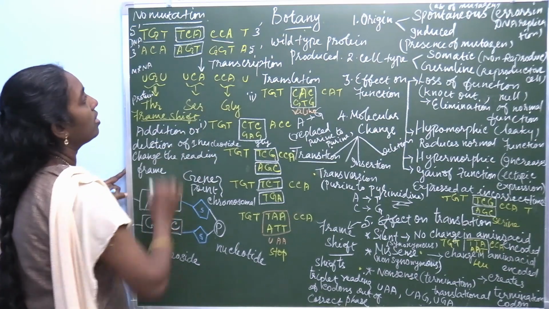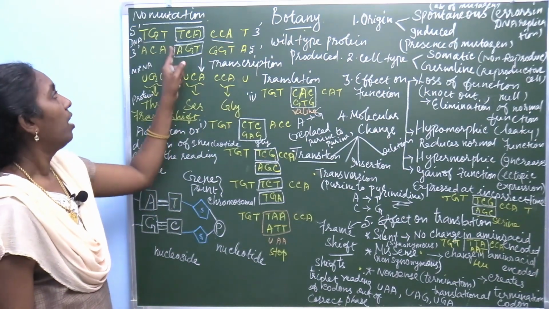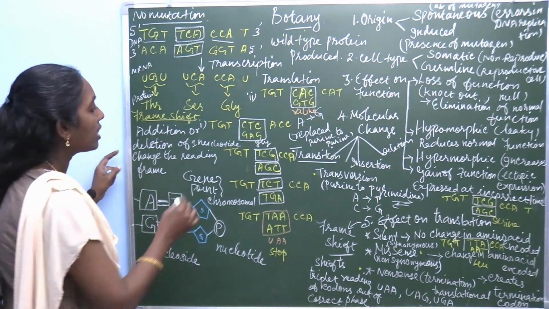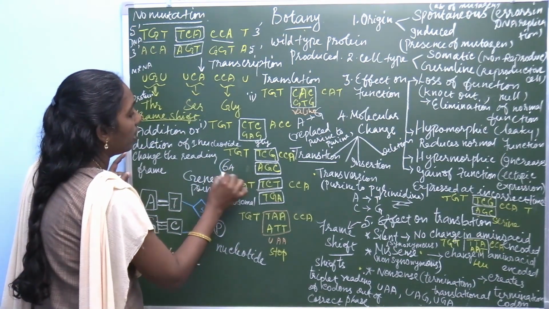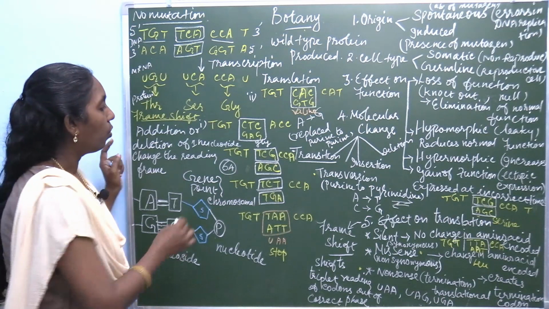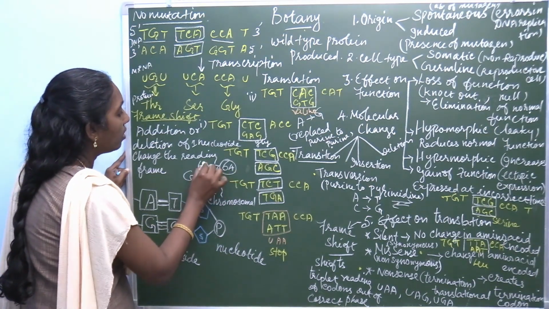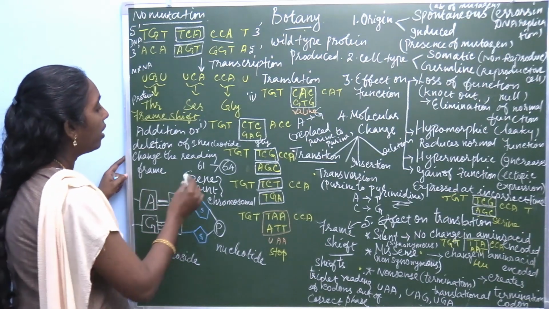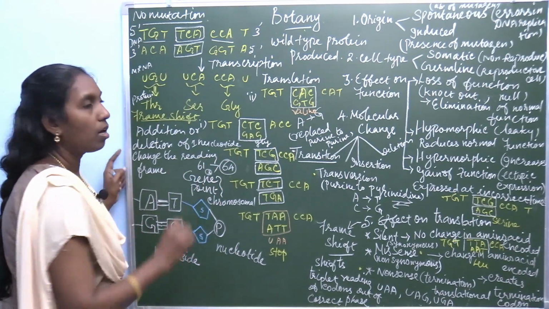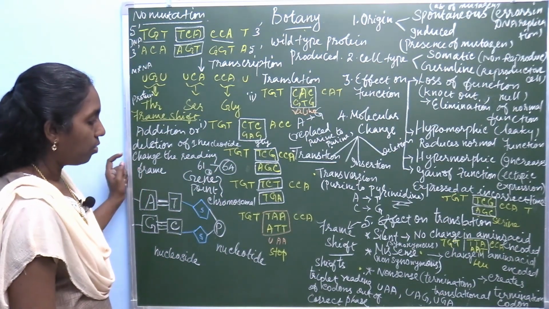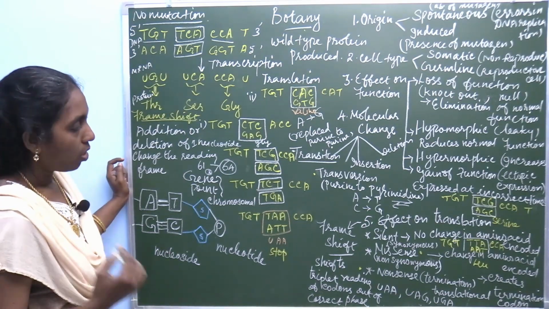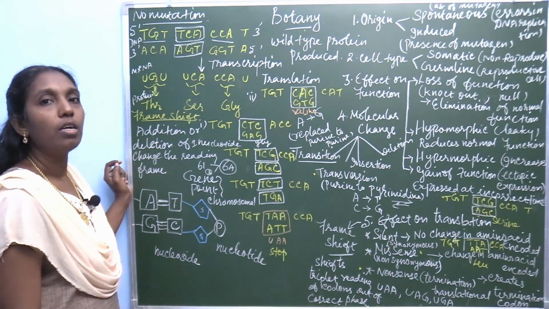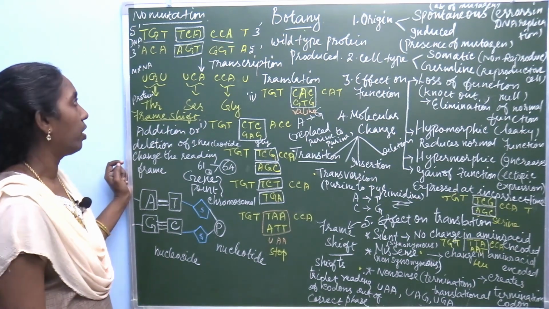TGT, CCA, TCA, that is a triplet codon. There are 64 codons. Among these 64, 61 code for amino acids and 3 are known as stop codons, or termination codons.